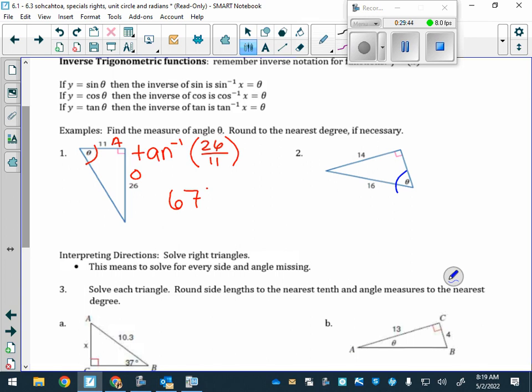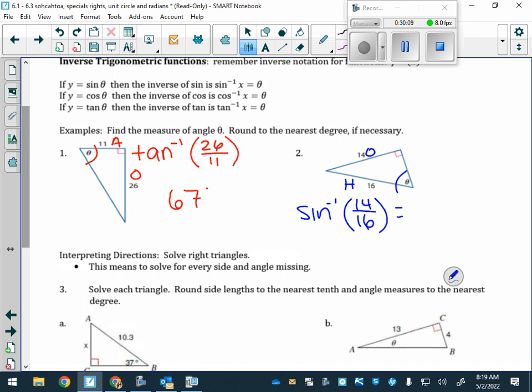So number 2, what would you use? Sine, good. The inverse sine, because here's theta, this is opposite, and our hypotenuse is given. So inverse sine 14 over 16 and round to the nearest degree.